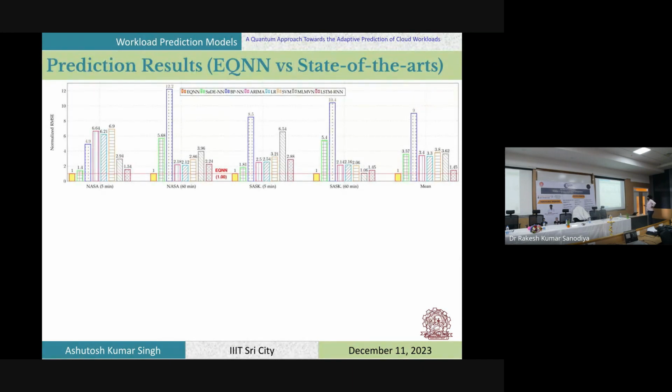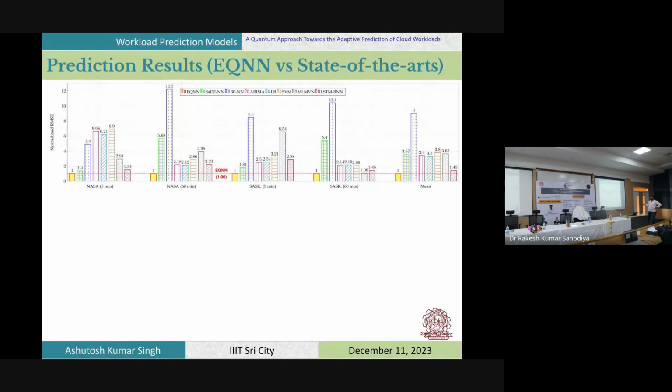So in this case, you can see this pink color belongs to our method, and sorry, this red color, and the others are different methods. All were recently published in transactions. So everywhere our prediction is getting better.